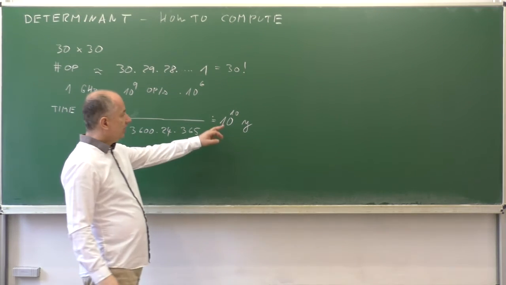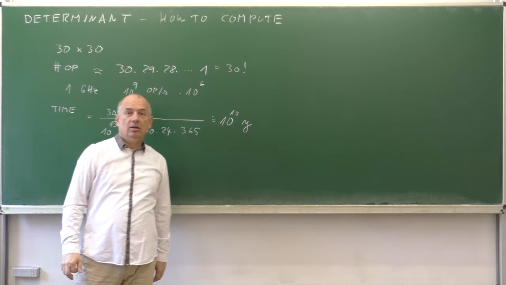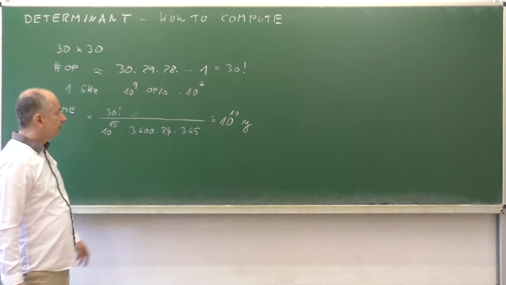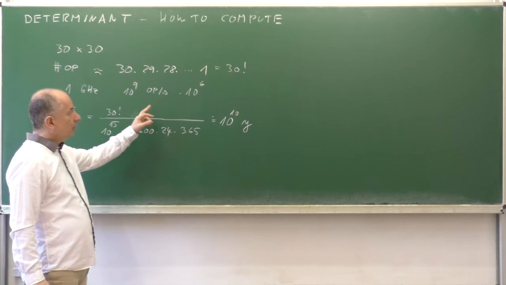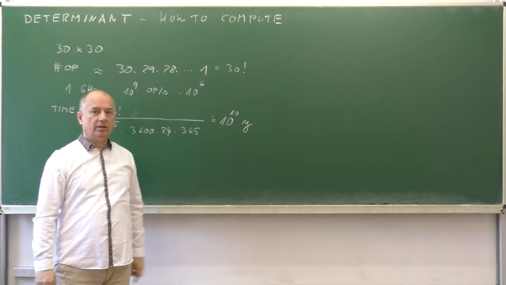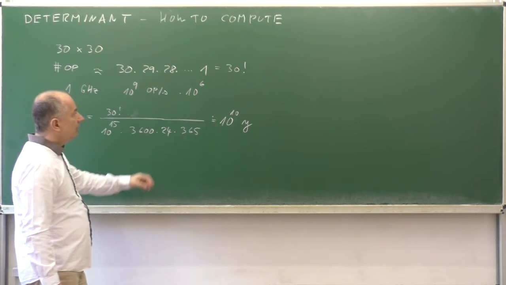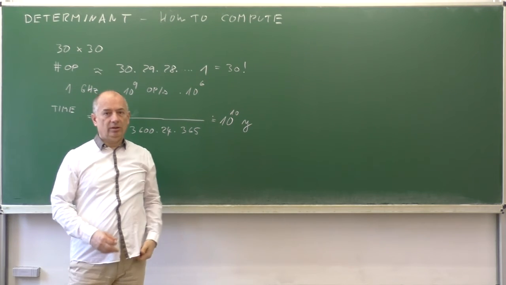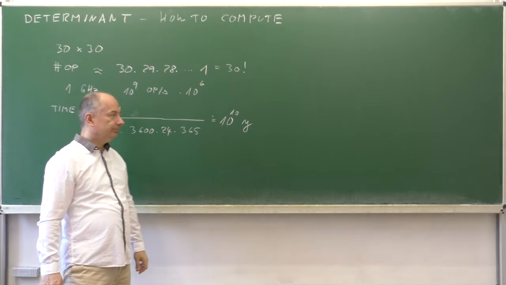But this is approximately the age of the universe. So to compute the determinant using this definition, expanding by a given row, even for not too large a matrix, is completely unrealistic.